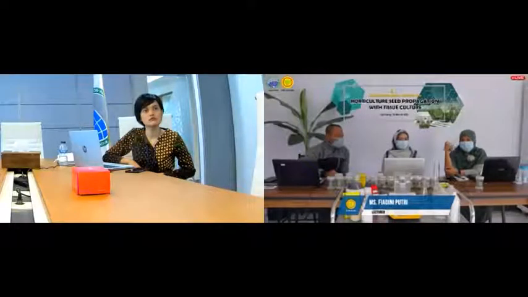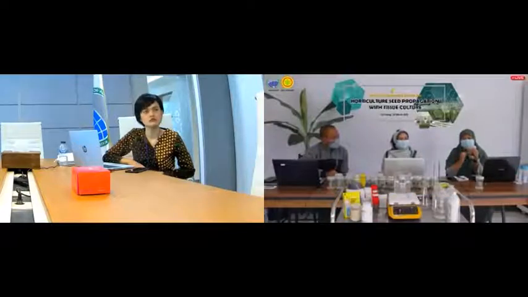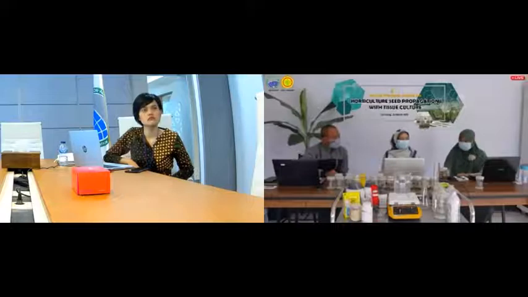So when we take the plantlet outside from the culture bottle, we have to clean it, and make sure there is no more tissue culture media on the root. So the key from this is the sterilization and the fungicide. We use the fungicide.